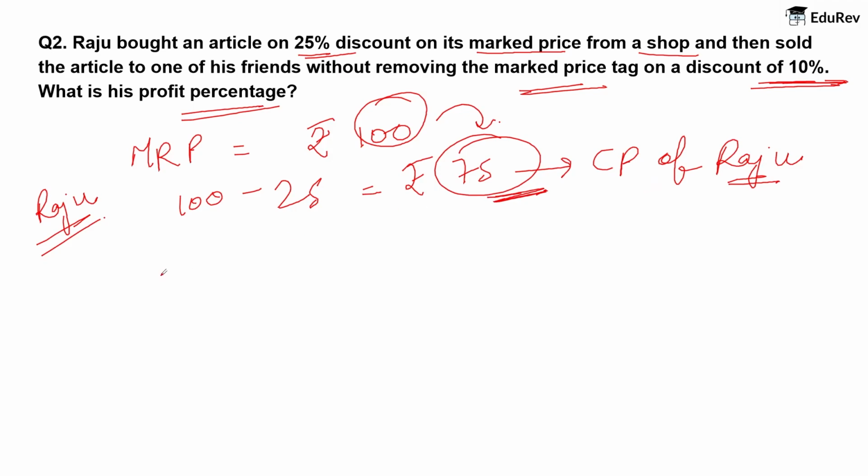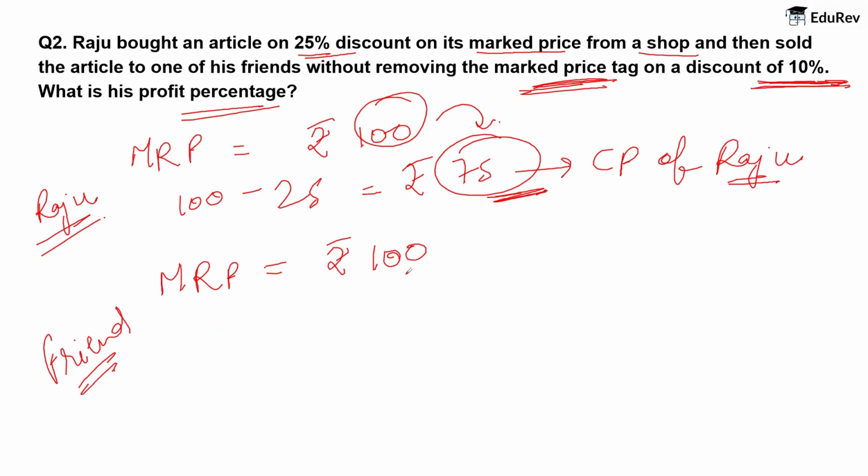And now if we talk about the friend, for the friend also the MRP is the same. So MRP is 100 rupees. He did not remove the price tag. So it was displaying 100 rupees to the friend as well. So now we are talking about the friend of Raju. And now Raju is selling it to the friend at a discount of 10%.